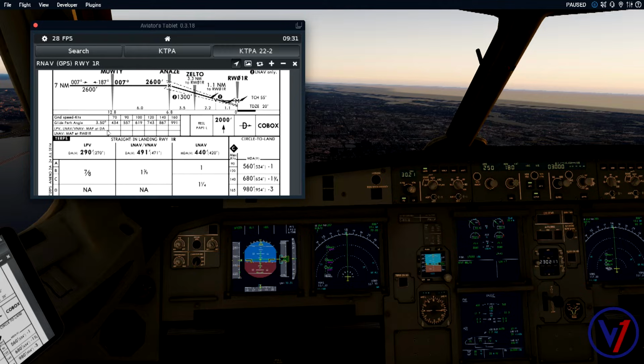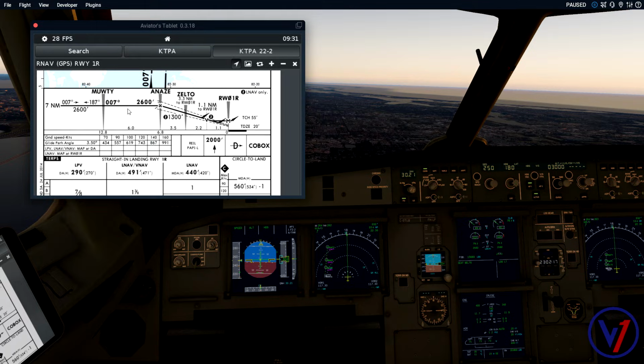You must have a WAAS-capable receiver. A baro-aided GPS is not enough to get you approved for an LPV approach. So it's specific equipment that's required on the aircraft, and technology, as well as some additional flight crew training. Again, mostly going to be commonly seen now in corporate jets and general aviation aircraft. I do, however, think this is going to become the norm for commercial aviation moving forward.